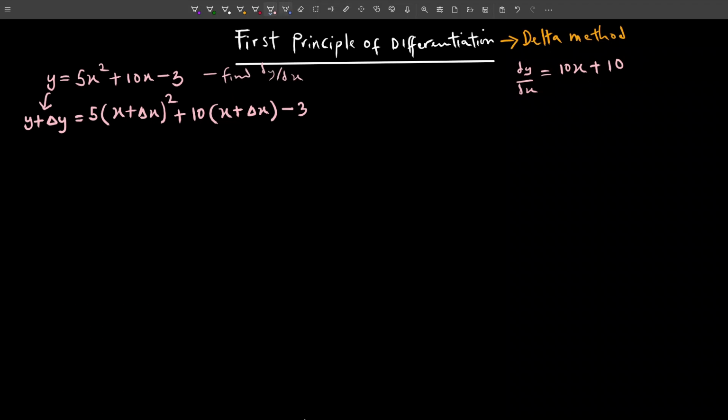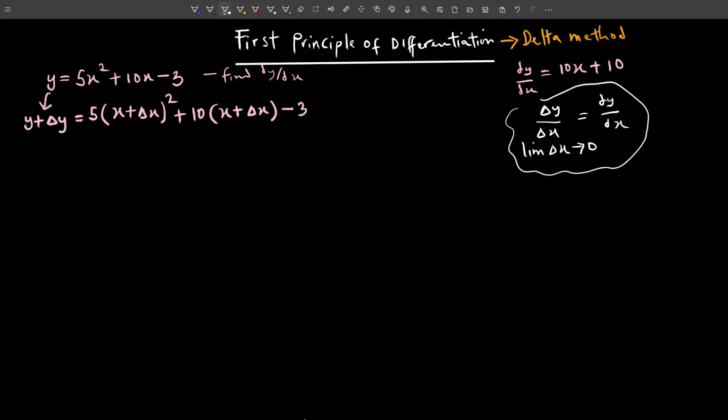One thing you should note, let me write this over here: change in y over change in x, when we limit change in x to 0, will become dy/dx. So have this at the back of your mind.